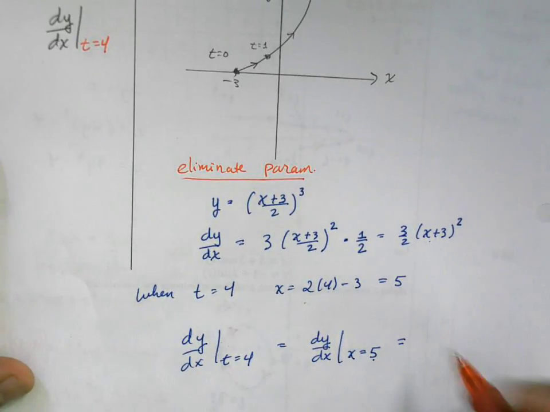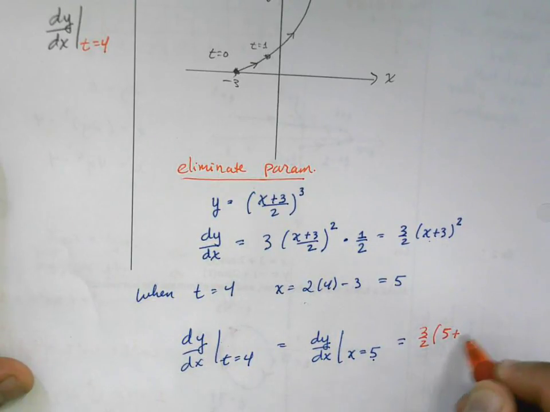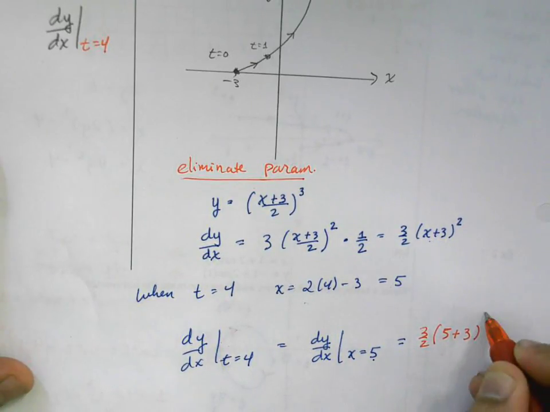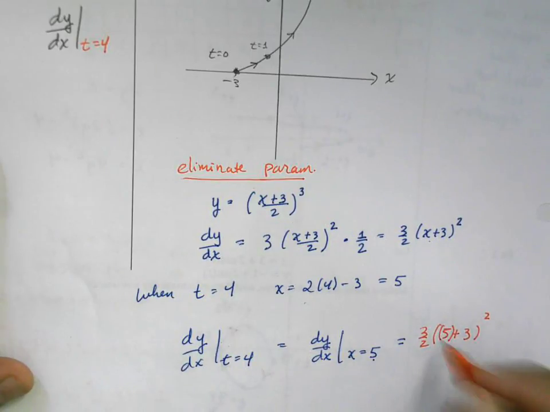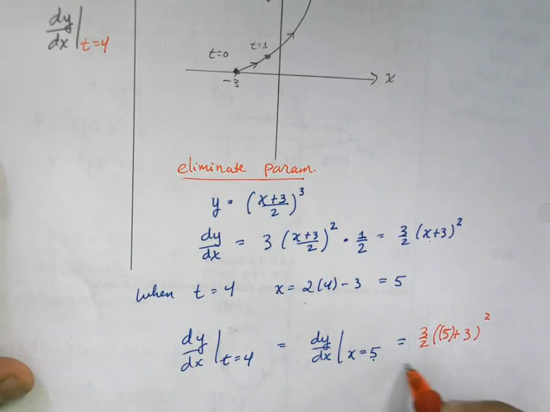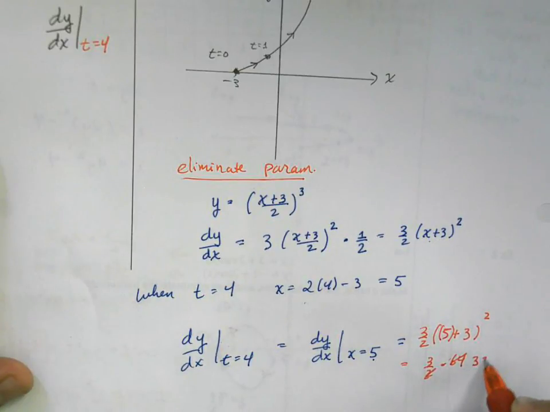And I get (3/2) times (5 plus 3) squared. Okay, so this is the 5 that I'm substituting. So that is 3/2 times 8 squared, which is 64. That's gone, that's gone. We're back down to 32. And our final answer is going to be 96.